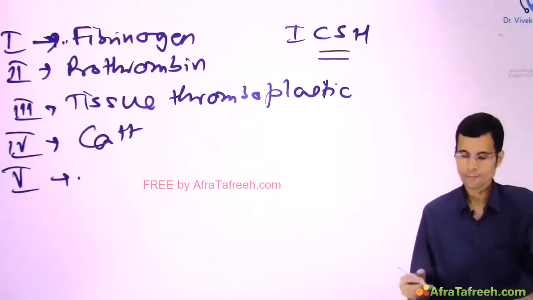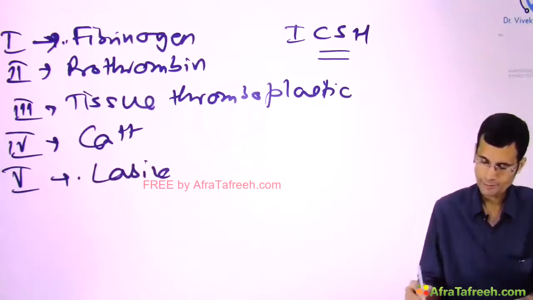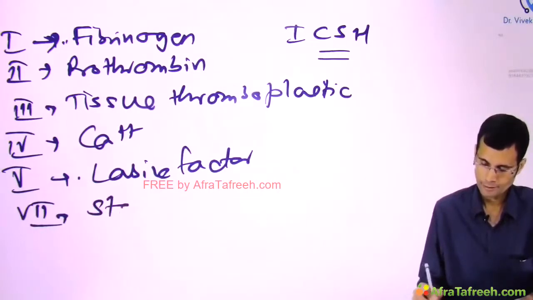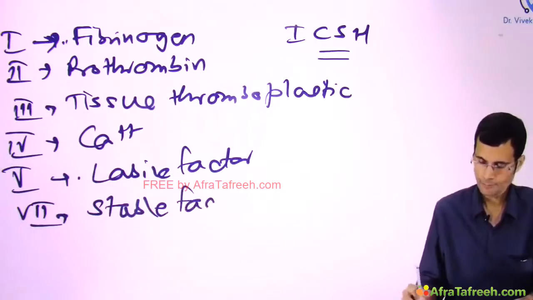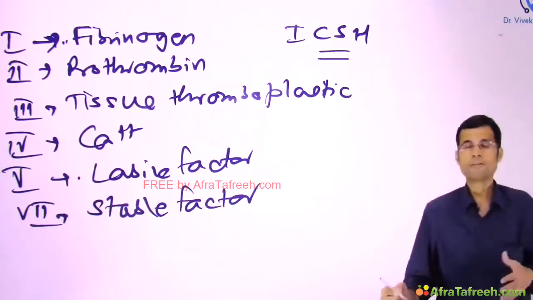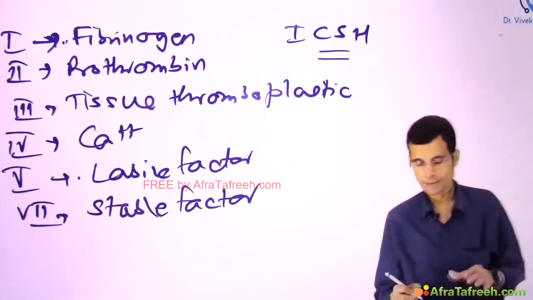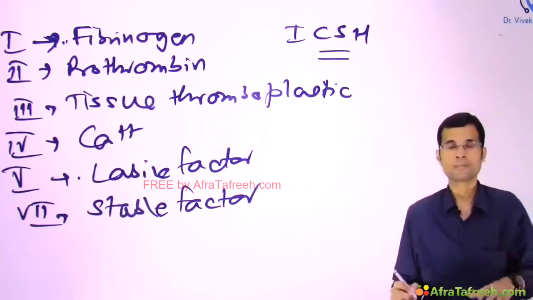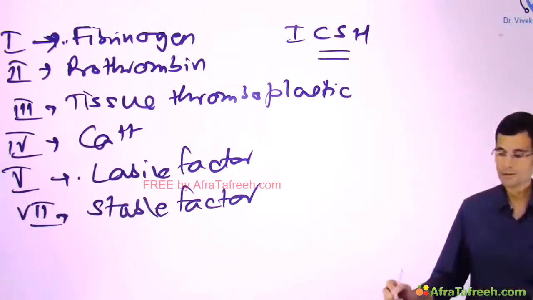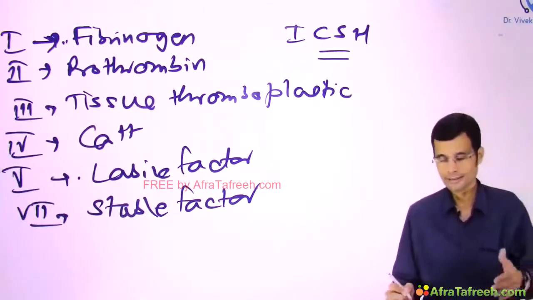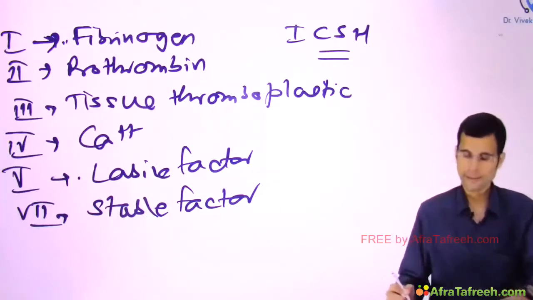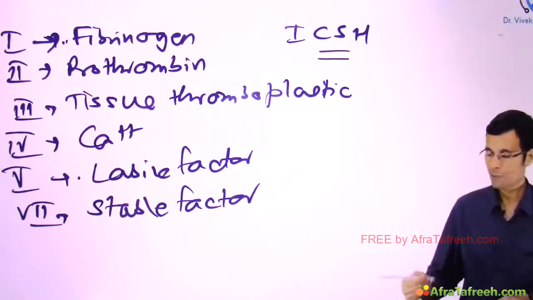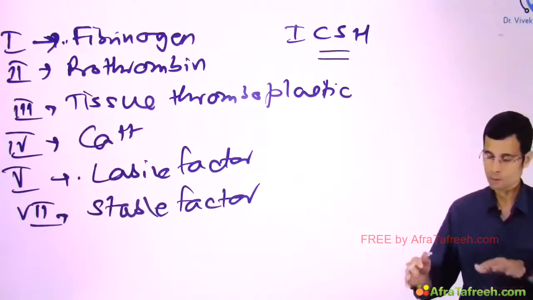Factor 5, labile factor. Factor 7, stable factor. They had found out factor 6, but then it was seen that this factor 6 is very labile. It immediately gets converted to factor 7, and therefore its separate existence was denied later on. But by that time, next and next factors were discovered, and therefore they did not change those numberings.